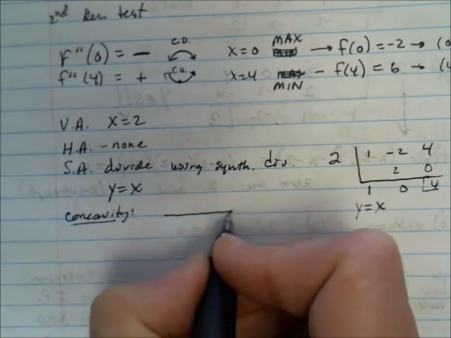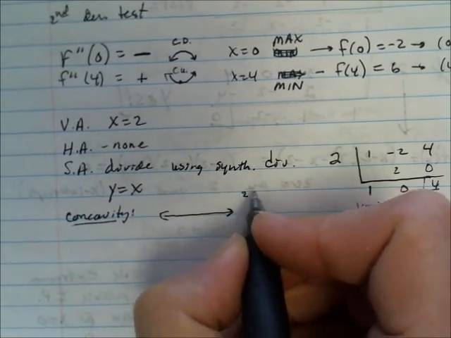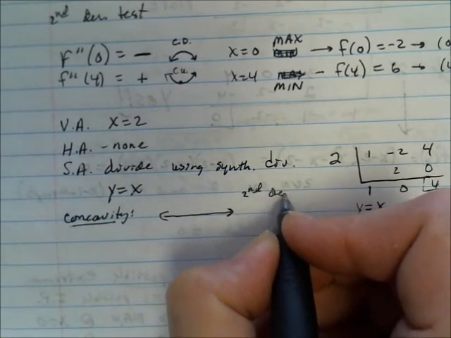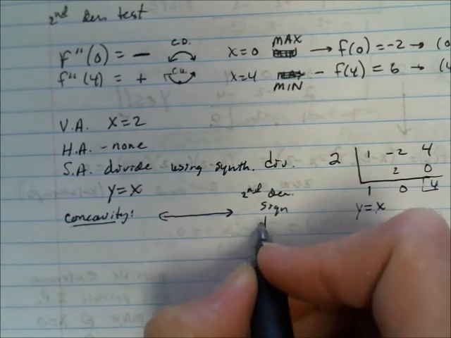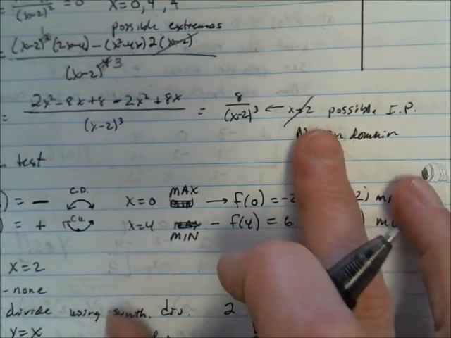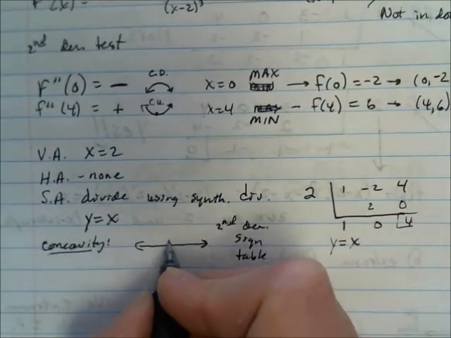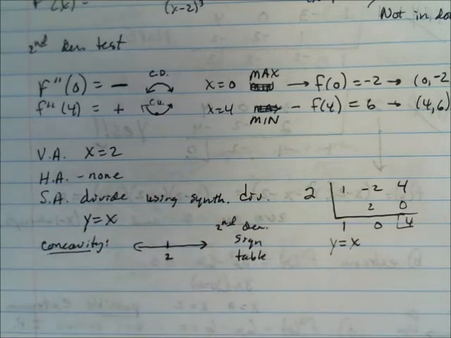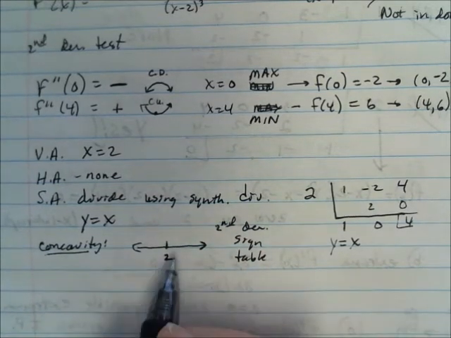And then we want to get concavity. So we're going to set up our second derivative sign table. And the critical number in our second derivative sign table was x equals 2. Even though it's not in our domain, I'm going to put it on the sign table. The function doesn't exist there, but the concavity does.